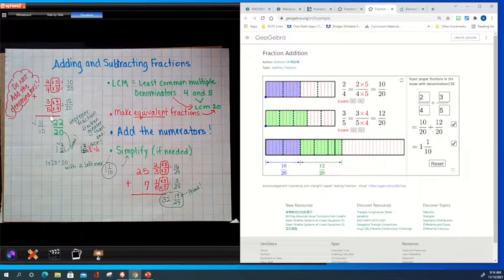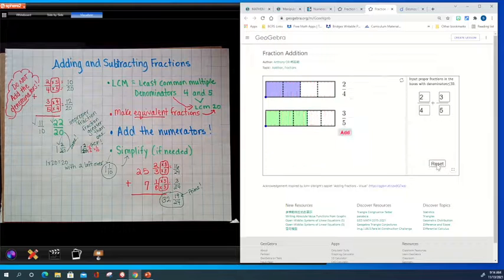So you can see your original answer down here in the model. You can also see 1 and 2 20ths. So here's 1 whole and 2 20ths, or in simplest form, 1 1/10. This website is absolutely amazing. You can't use it for mixed numbers, but you could definitely use it for the fraction.